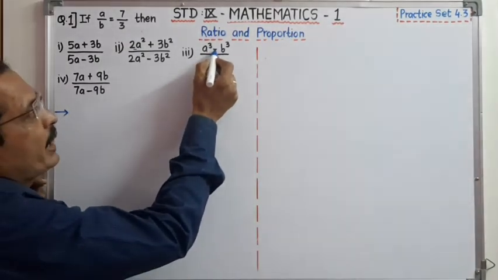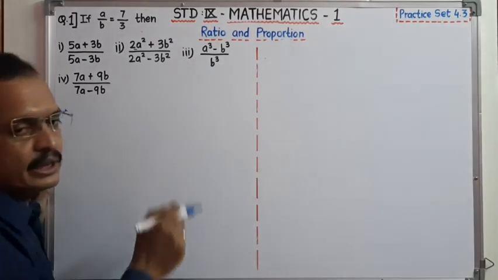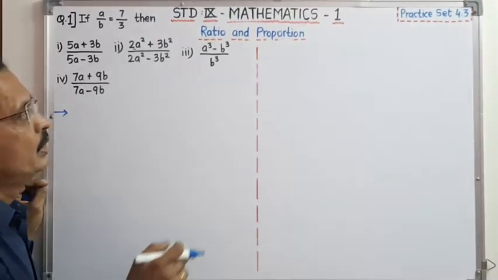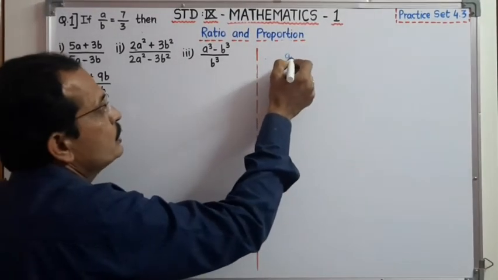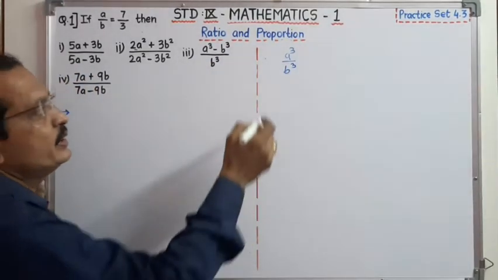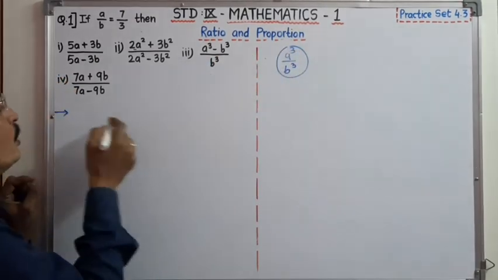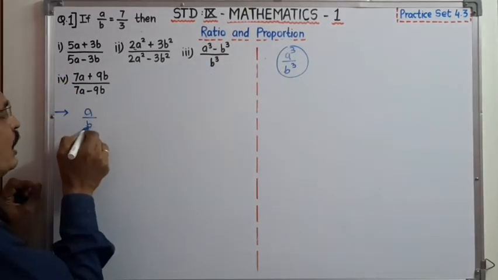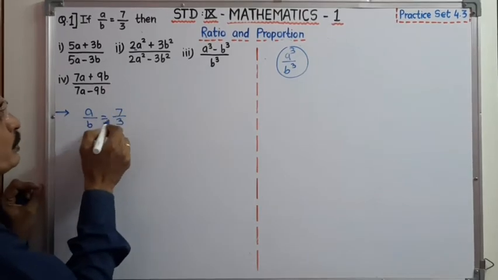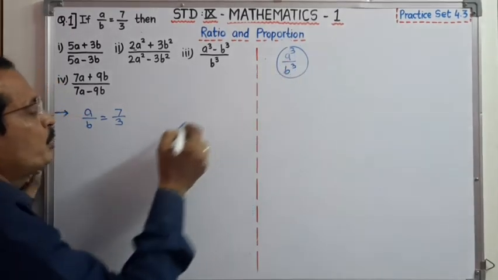Here it is minus and the denominator is as it is. Therefore, dear student, it is dividendo. Therefore, on which ratio? It is a cube upon b cube. That means for getting this, we require a cube upon b cube. Then what is given? A upon b is equal to 7 upon 3.